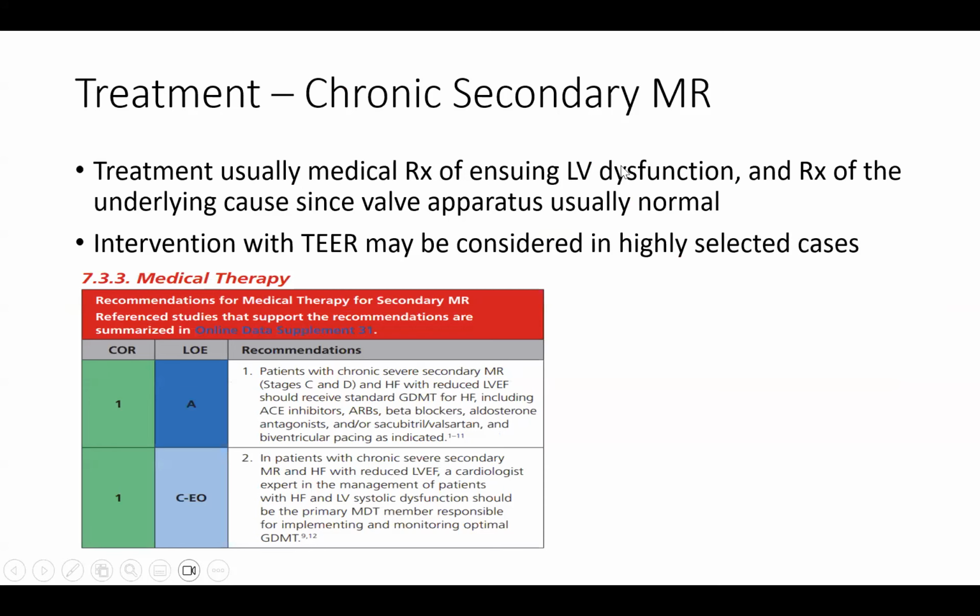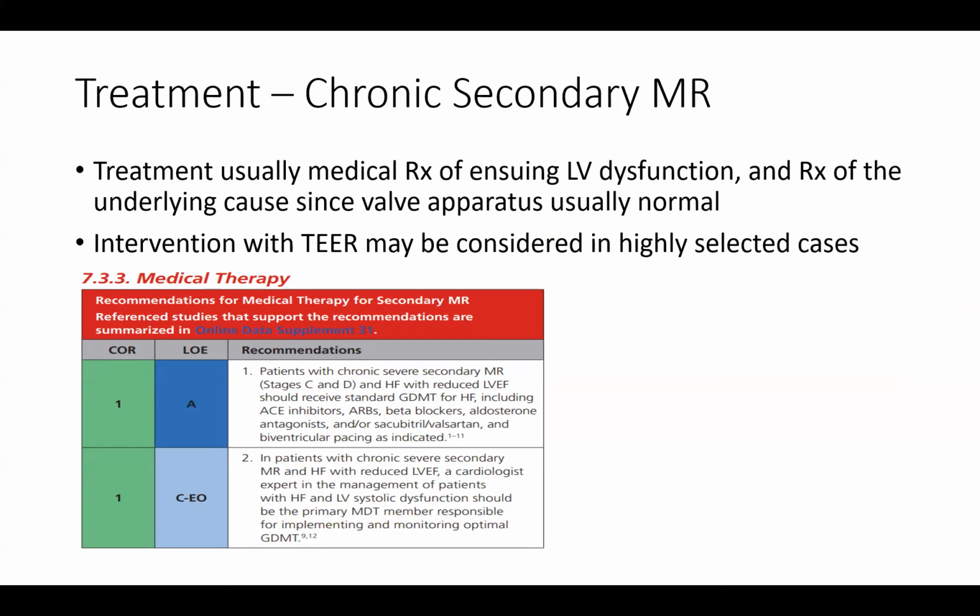Now for the chronic secondary MR, which is, I think, what we see more frequently. So somebody with cardiomyopathy, ischemic heart disease, hypertensive heart disease, whatever, coming with secondary MR, medical treatment is the mainstay now. Medical treatment of the LV dysfunction and treatment of the underlying cause, where we have treatment for it, since the valve apparatus itself is usually normal.